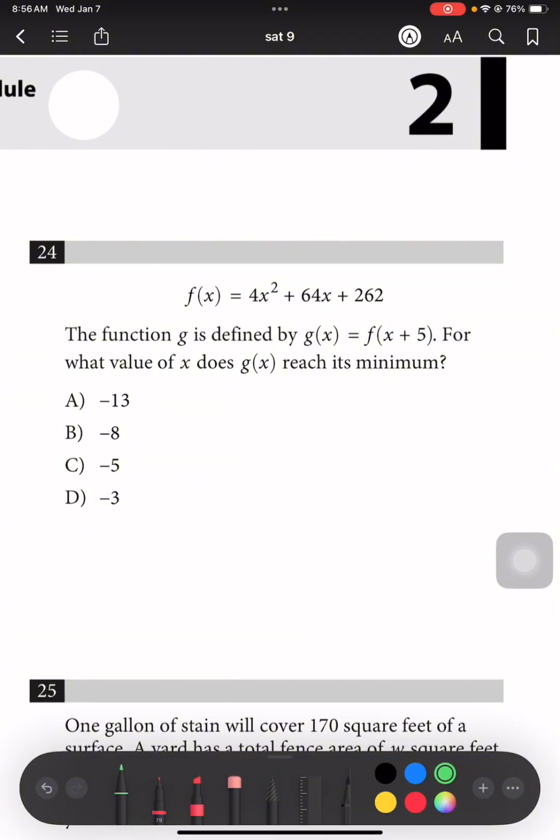Well, now we need to figure out the minimum for f of x. Now, a minimum, this is a quadratic equation, so something like this. It's positive.